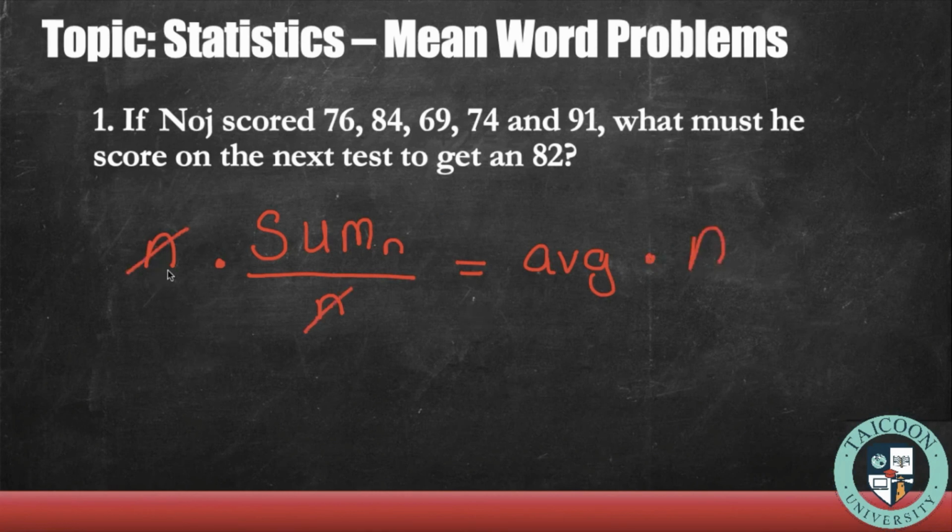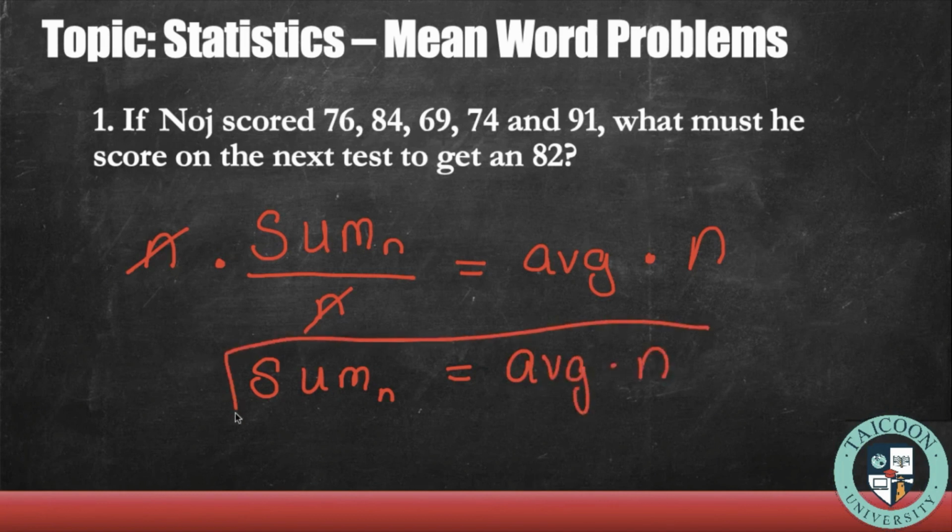So we'll cancel out the two n values on the left-hand side, simply leaving: the sum of n numbers is equal to the average times the number of numbers. This is the formula that we want you to memorize as it relates to the SHSAT mean/average word problems. So go ahead and keep that in mind while we tackle this problem.